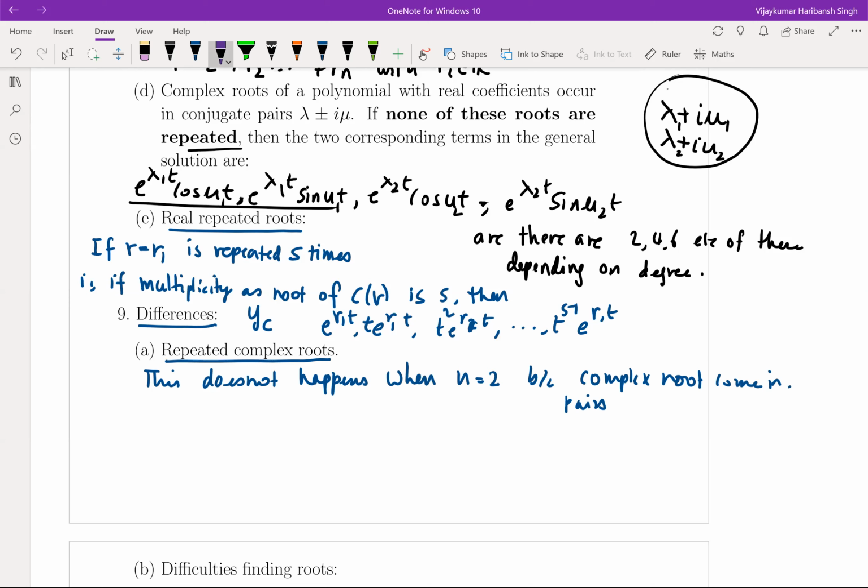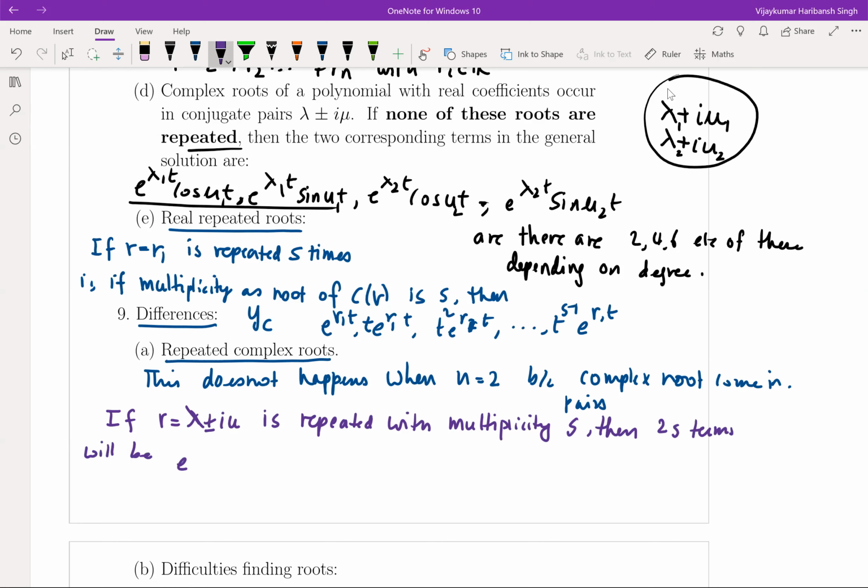So if r equals lambda plus or minus i mu is repeated with multiplicity s, then we will get 2s terms.